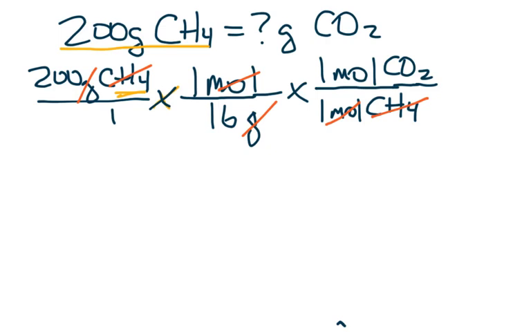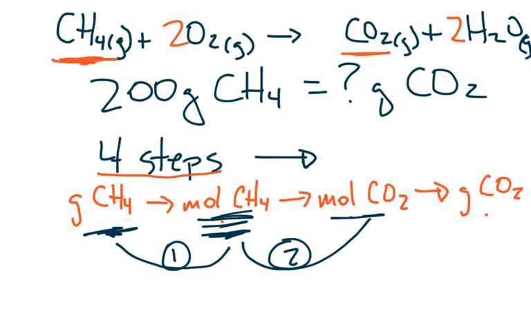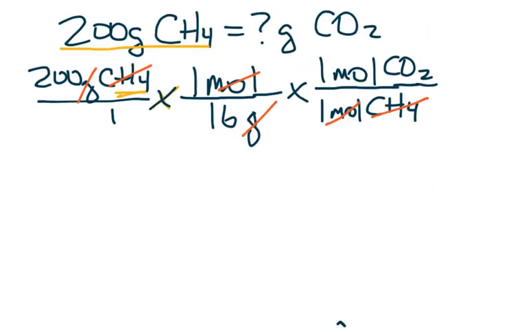So now the final step is to go from moles of CO2 to grams of CO2. Alright? So now I'm going to do this down here because it's already such a mess. Okay, so I want moles of CO2 on the bottom.